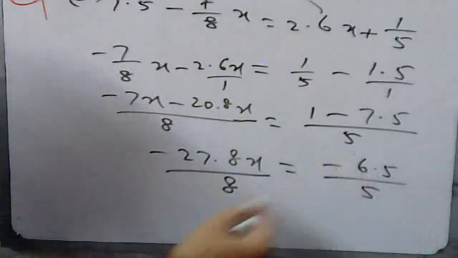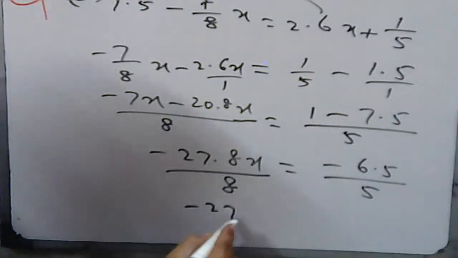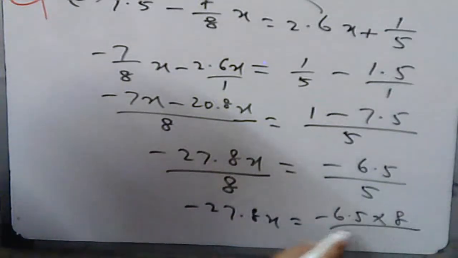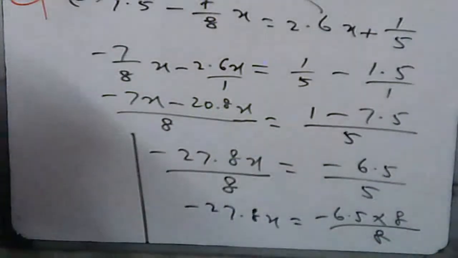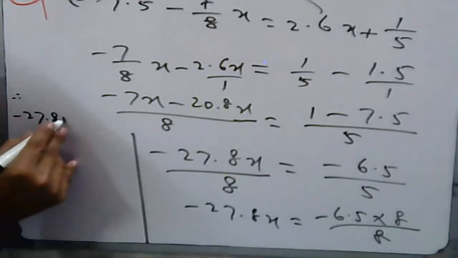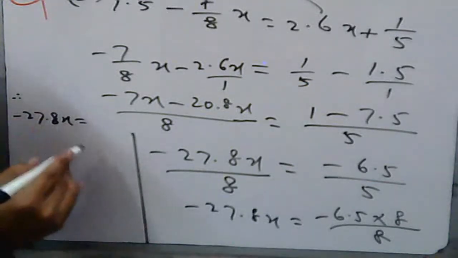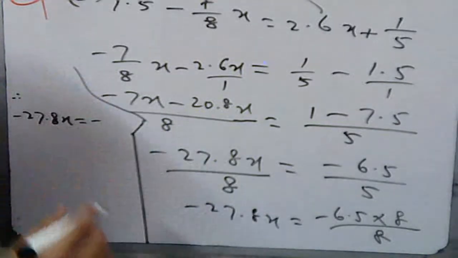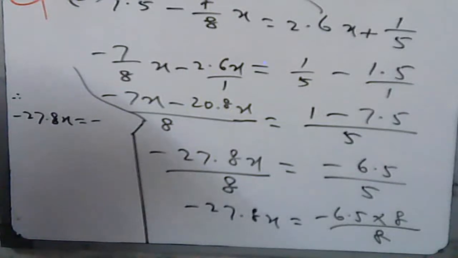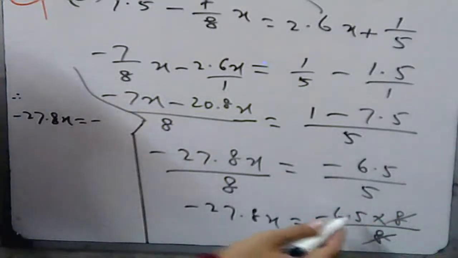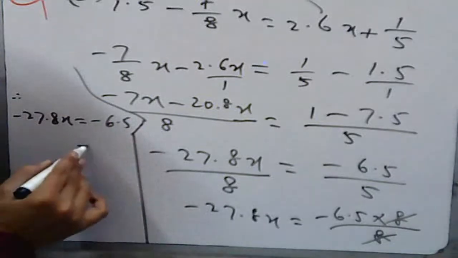By cross multiplication, minus 27.8x is equal to minus 6.5 multiplied by 8 divided by 8, and the 8s cancel, so only minus 6.5 remains.